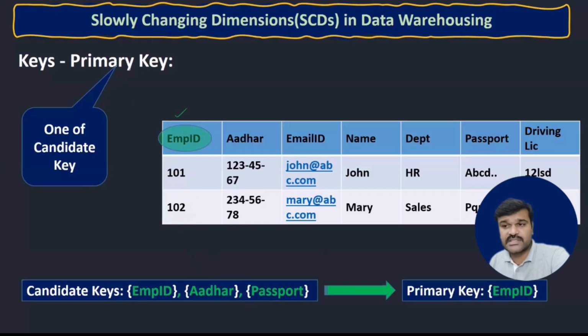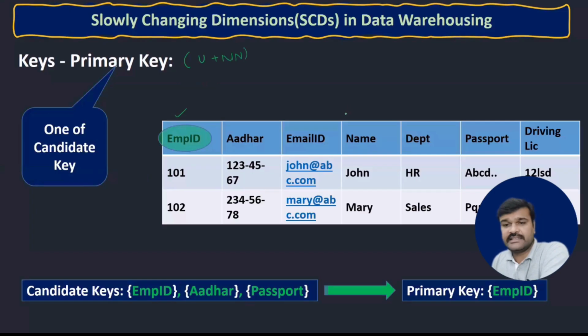That's all simply. Even the primary key definition, you can say unique plus not null. But the very standard, professional definition is: one of the candidate keys is the primary key. If you understand the candidate key, there is nothing in understanding the primary key.